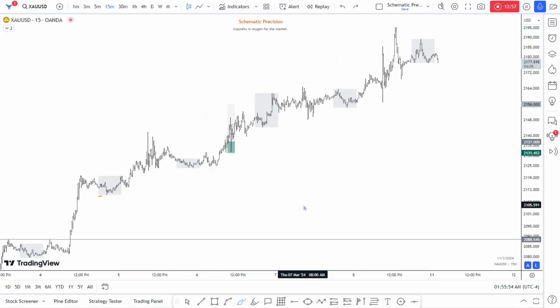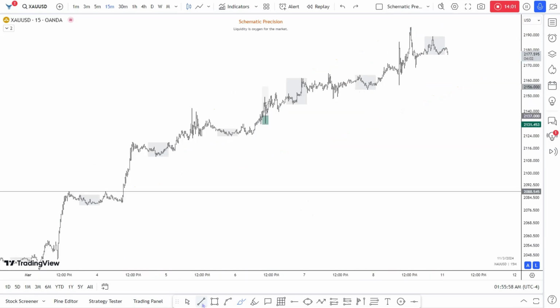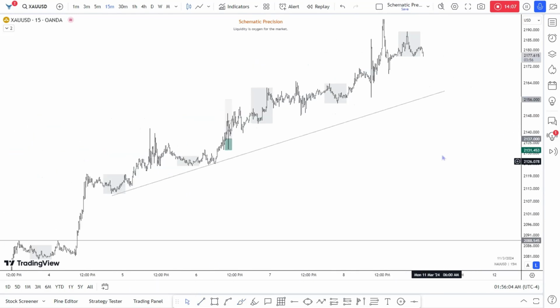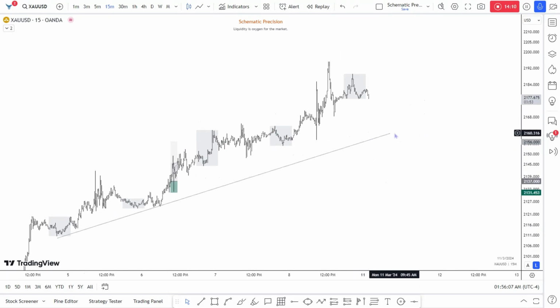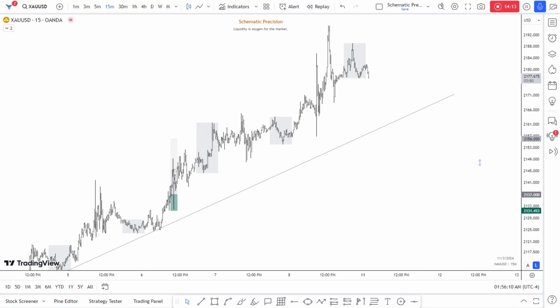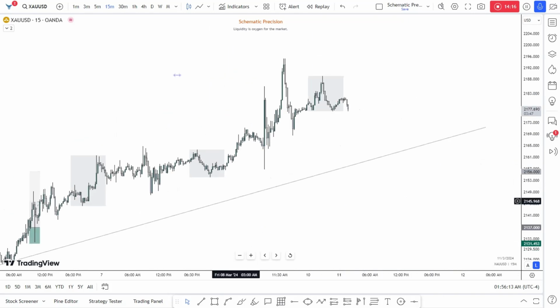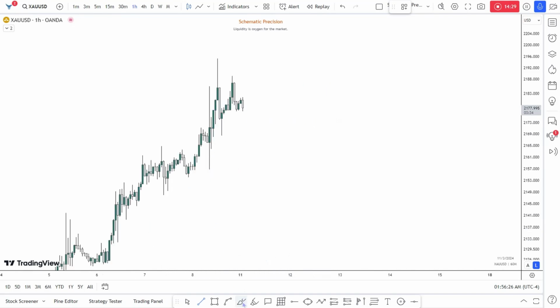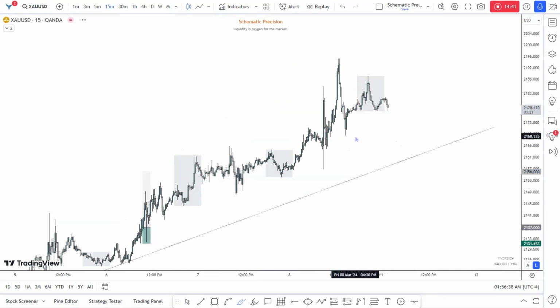I'm not a trend line trader, but if I draw a trend line just to show you, and as per the current market structure, if we find the inducement on 1 hour, the inducement is this one, but I don't think price will come that low that easily. So I'll be waiting.